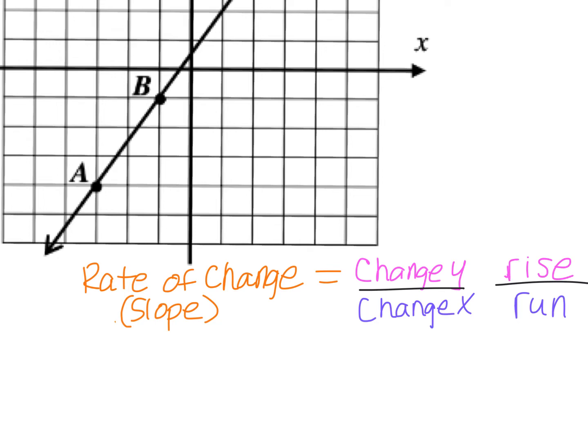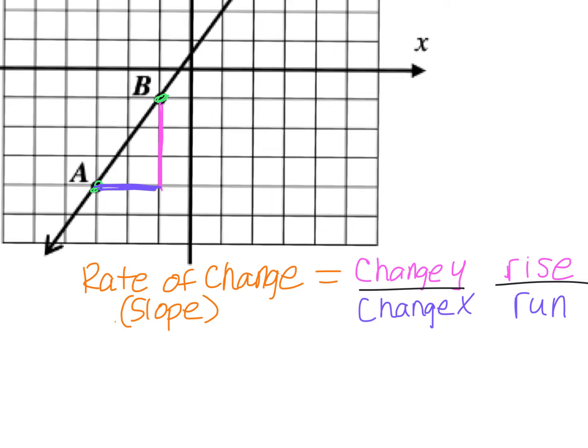The rise literally means the vertical distance between coordinate A and coordinate B. And the run, which is our change in our x values, represents the horizontal change in the graph.